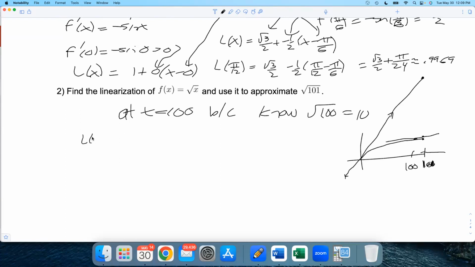Okay, so the linearization, or I could even say f of x is approximately equal to the linearization, is f at our starting value, plus the derivative at your starting value times your change in x minus your starting value. So that's all that is. That right there is delta x.